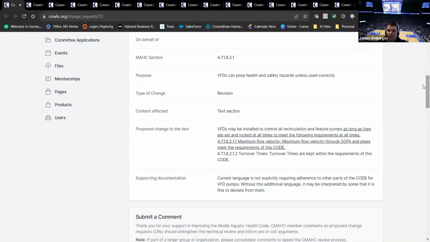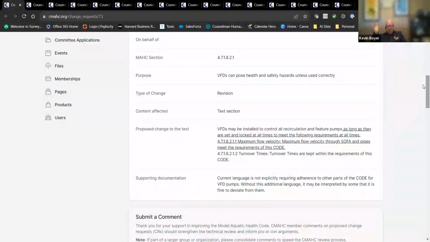Is the intent of this, though, to lock it from unintended adjustments by unauthorized people that may work their way into the pump room? Or is this to lock the VFD so it can't adjust based on the inputs? I don't think it specifies.